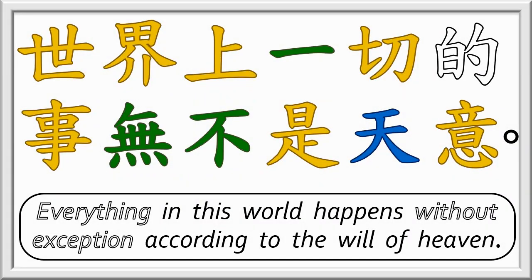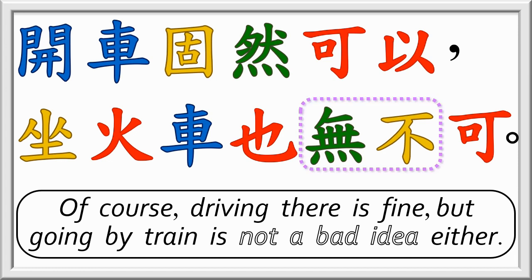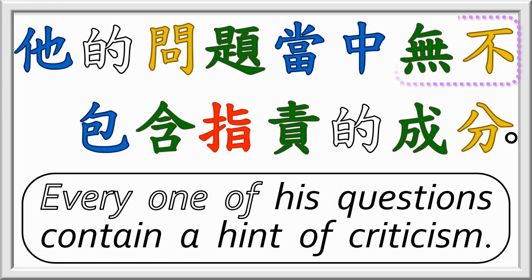Well, now we have 无不, literally none do not, meaning all without exception in English. 世界上一切的事无不是天意。Everything in this world happens without exception according to the will of heaven. 开车个人可以，坐火车也无不可。Of course, driving there is fine, but going by train is not a bad idea either. 他的问题当中无不包含指责的成分。Every one of his questions contain a hint of criticism.